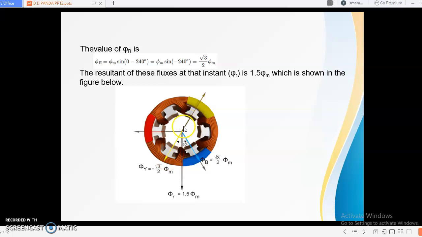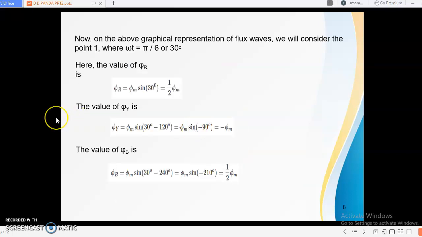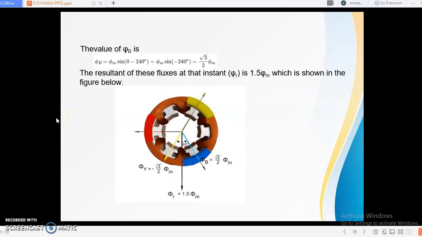You can see phi y is this side. We will take minus root 3 by 2 phi m. So here will be your negative reflection of y. Clear? So the resultant of these fluxes at this instant is 1.5 phi m, which is shown here.